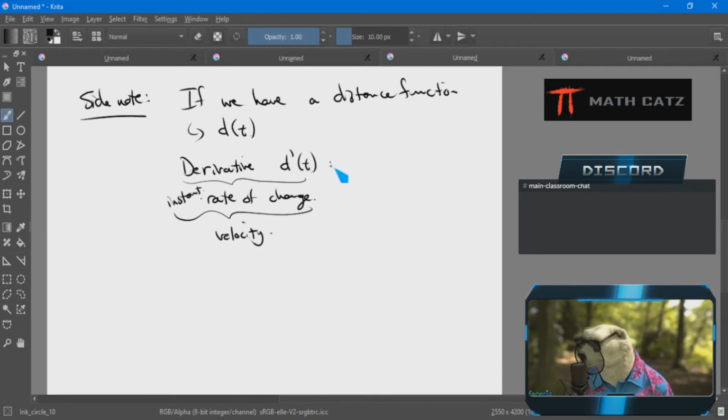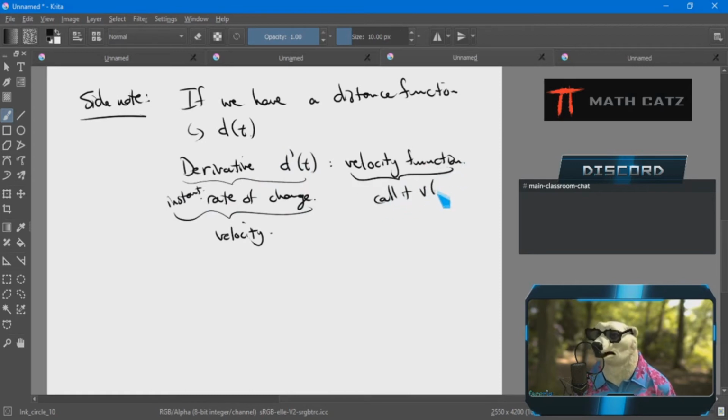So this represents the velocity function. So distance, or position I guess is more accurate, and velocity are related through this derivative, through this rate of change. And let's call this v for velocity.